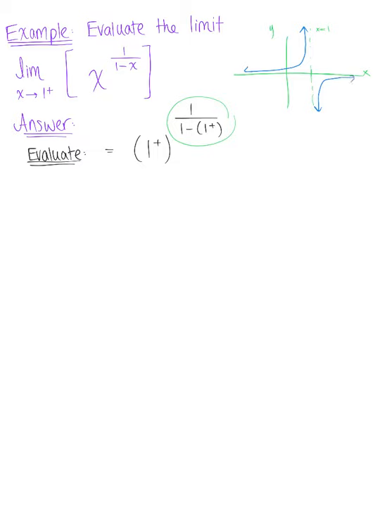We can see that as x is approaching 1 from the right-hand side, the y values are approaching minus infinity. So we have 1 approaching from the right raised to a negative infinity, or even simply 1 raised to the negative infinity, which is undefined.